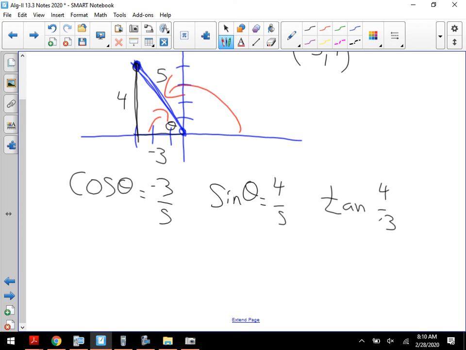Secant is the reciprocal function of what? Cosine. So if cosine is adjacent over hypotenuse, secant would be hypotenuse over adjacent. What's the secant? What's the cosecant?